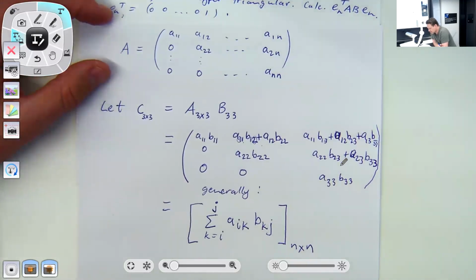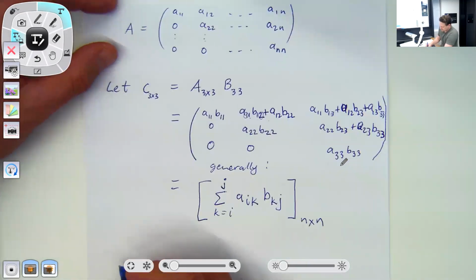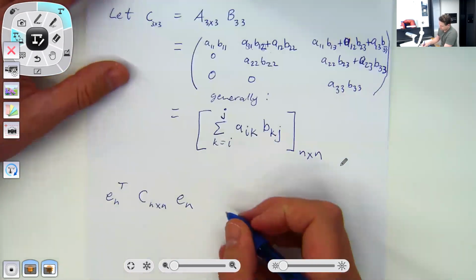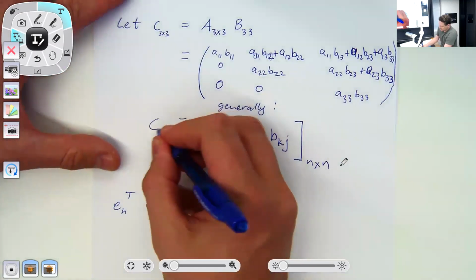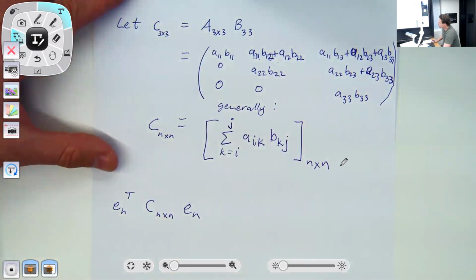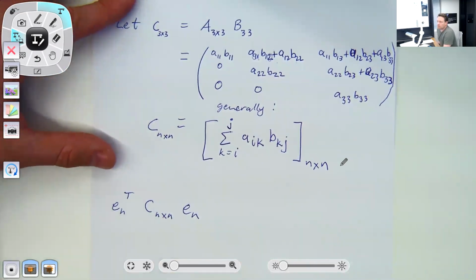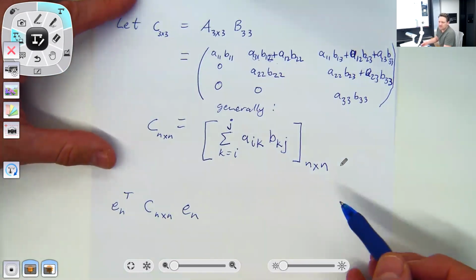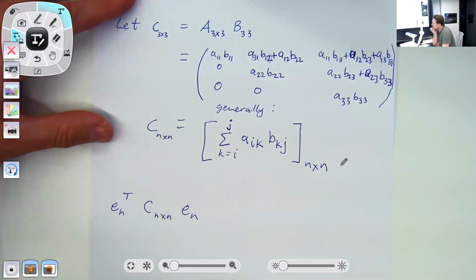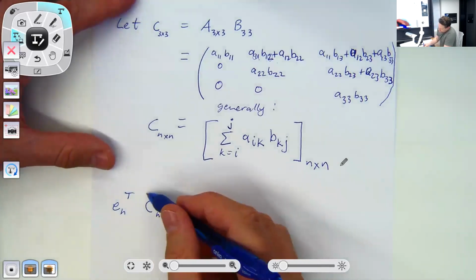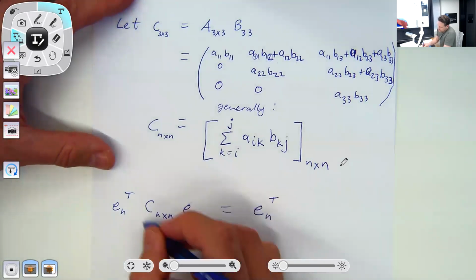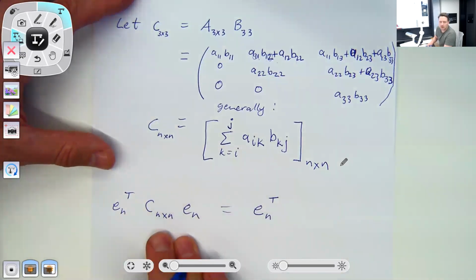Now we can take the product, so e_n transpose C n by n e_n, because we have the formula here for C n by n. I really didn't have to do all that, but it's just for your interest as well. What we'll look at first is the right part of it. So we'll have e_n transpose, and then let's calculate the product of the two right matrices.